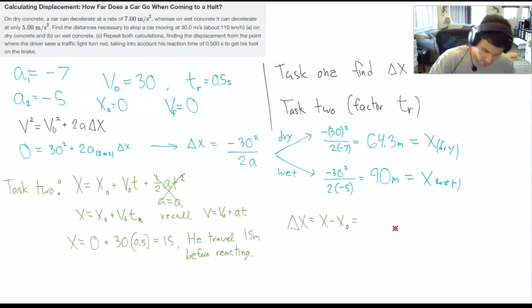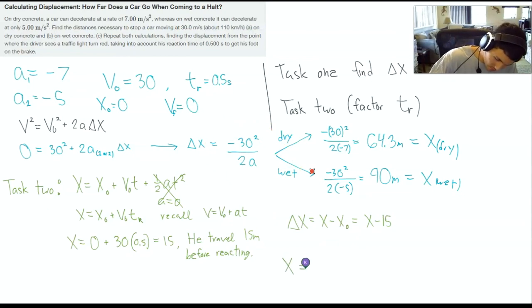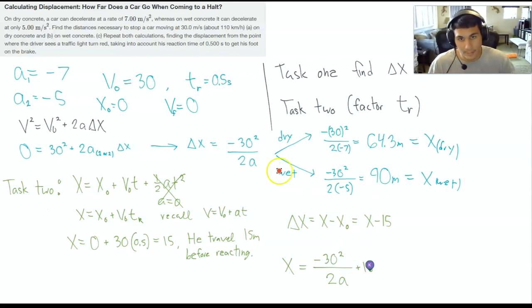Okay, so x, we don't know what x is, but we do know that xo is 15. So when we use this equation, we have to modify it. So x is going to equal negative 30 squared divided by 2a, but then plus 15, right?